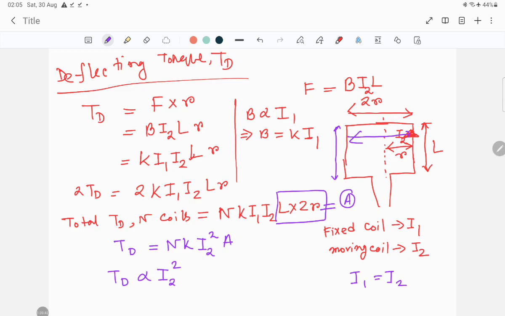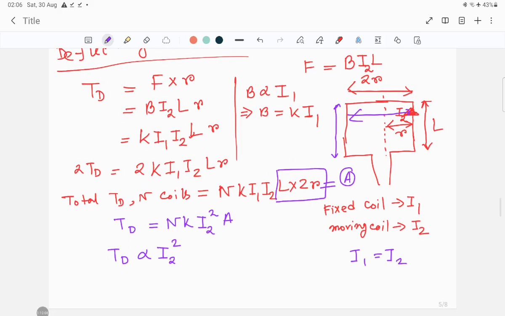Okay, now for the simplicity purpose, in the PMMC we are saying that there are three opposing torques. One is the controlling torque, then we have the damping torque, then we have the inertia torque. Now for the simplicity purpose we are only considering the controlling torque. So over here TC is equal to TD, where TC is the controlling torque.